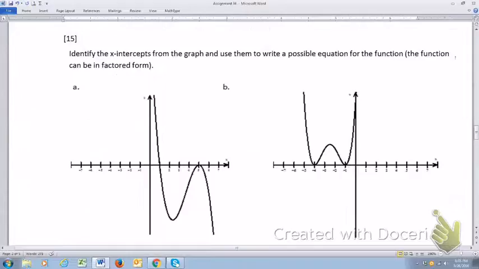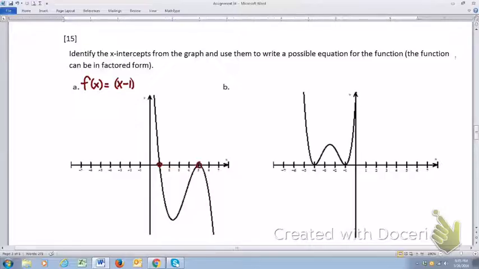Alright, let's move on. So here it says identify the x-intercepts from the graph and use them to write a possible equation for the function. Alright, so first of all, we're going to write a function for this. We've got a 0 at 1, so we know that x minus 1 is a factor. And since it crosses at that intercept, we know we're going to have an odd-powered factor.